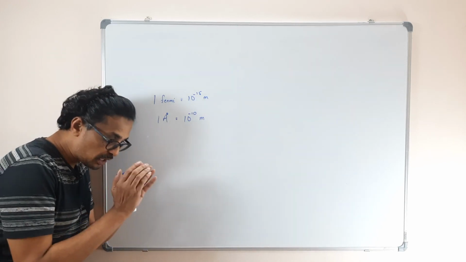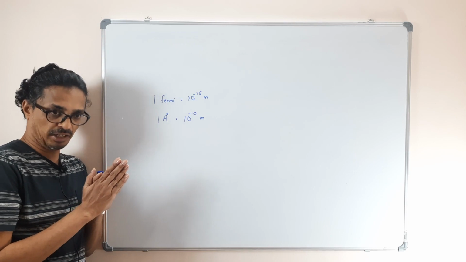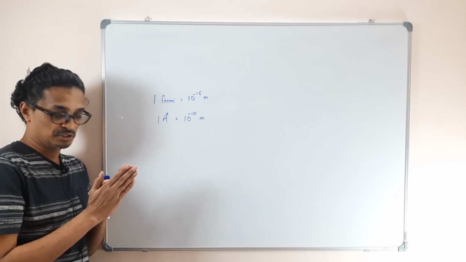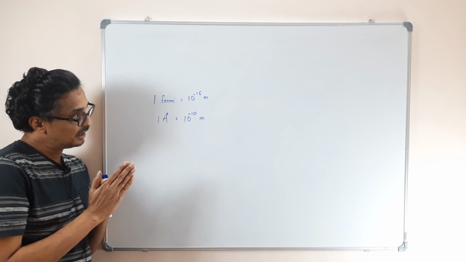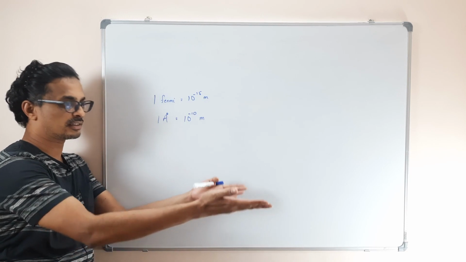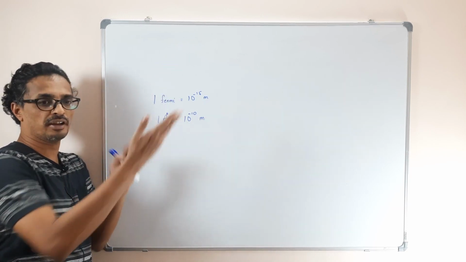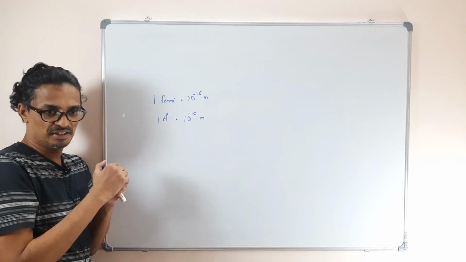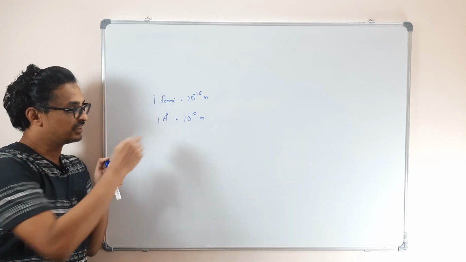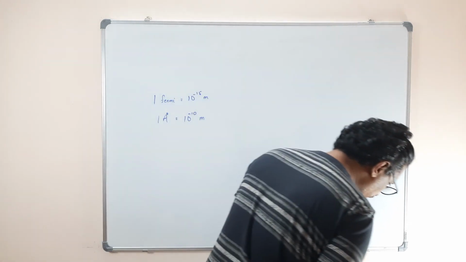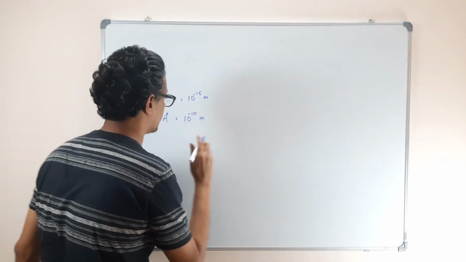So, to see smaller and smaller objects, see, to see anything you need light. Am I right? Your table, desk, board and everything, are they the size of an angstrom? They are very big. The light wavelength typically goes as angstrom, 4000 angstrom.